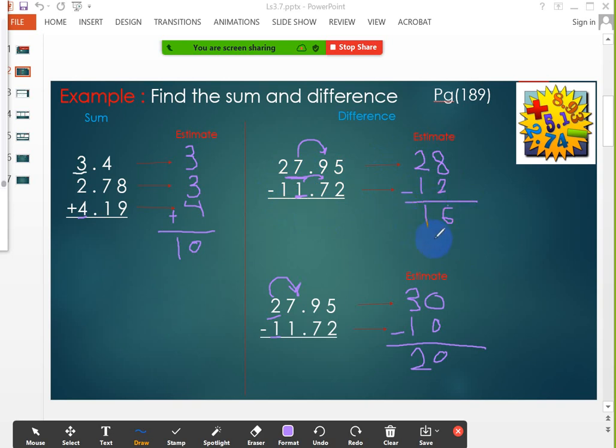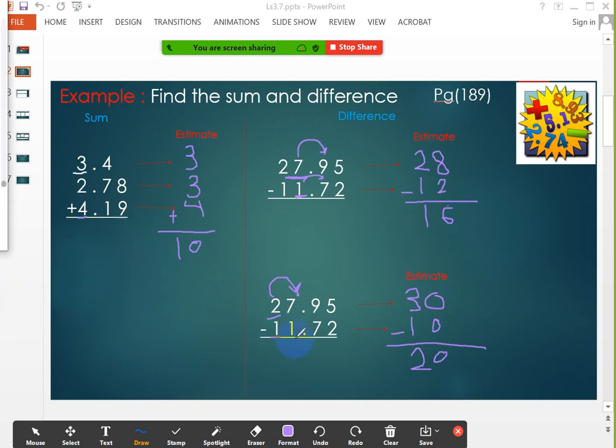But if I take the same numbers and round them to the nearest tens, 27.95 becomes 30, according to the strategy that we have to use.